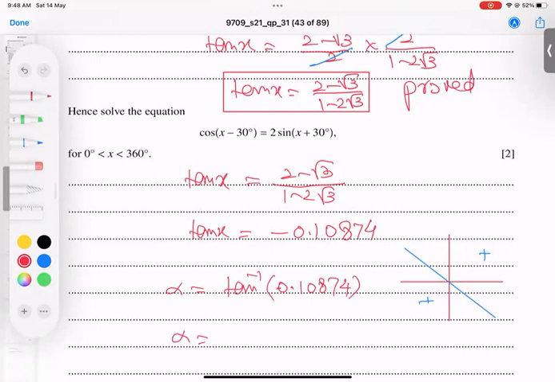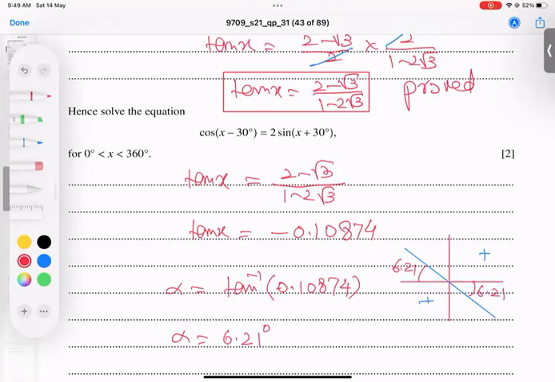So tan inverse of 0.10874, and I get 6.205. Or I can make it 6.21 degrees. So this answer comes here and here.